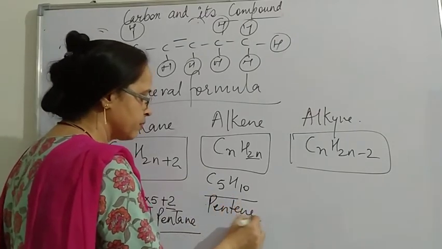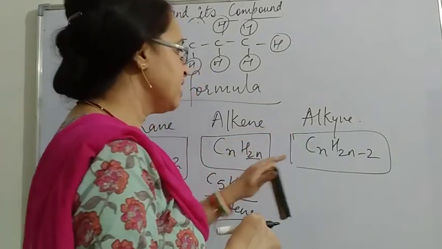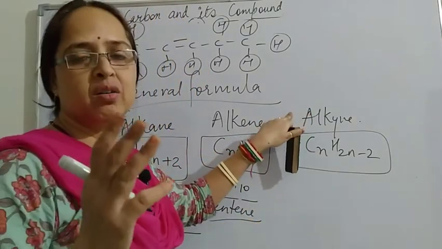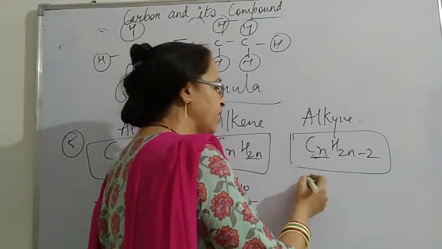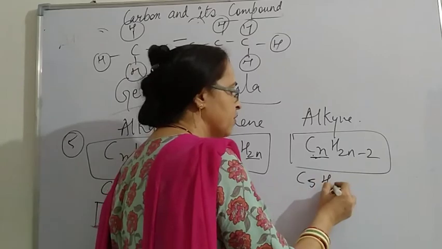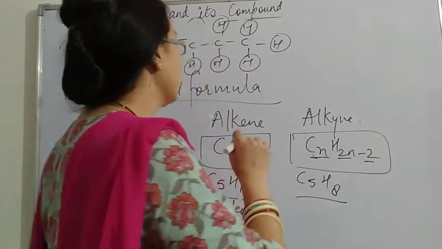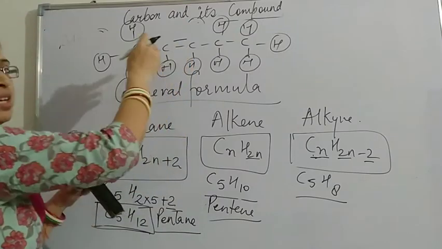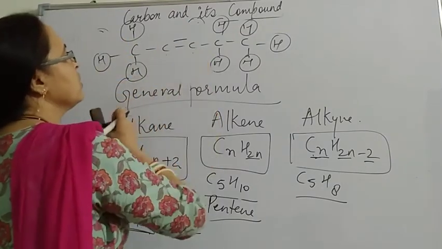pentene. Now when we talk about alkyne, alkyne here comes to be 3 bond, or we say the triple bond. Now the same thing, 5 C5H, 10 minus 2, that is 8. So now when I say there should be a triple bond over here, now remove 2 hydrogens and make the triple bond.